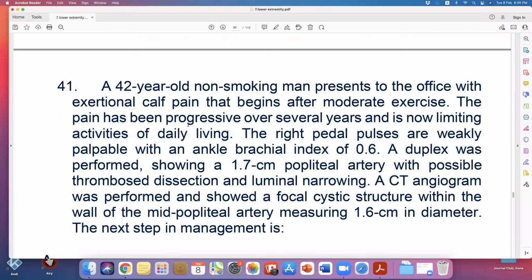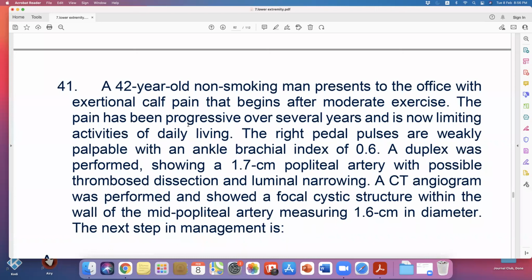A 42-year-old non-smoking man presents to the office with exertional calf pain that begins after moderate exercise. The pain has been progressive over several years and is now limiting activities of daily living. The right pedal pulses are weakly palpable with an ankle brachial index of 0.6.